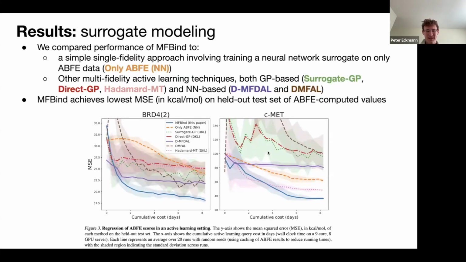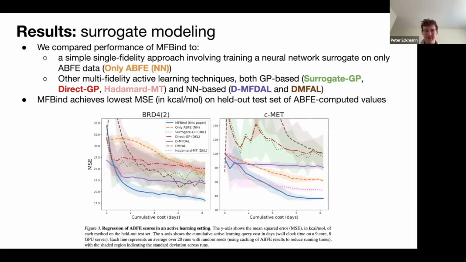So now for the actual results, we compared the performance of MFBind to a simple single fidelity approach that involves training a neural network surrogate on only ABFE data. That's the orange line here, the only ABFE neural network. That represents the paradigm of just using some single fidelity simulator.